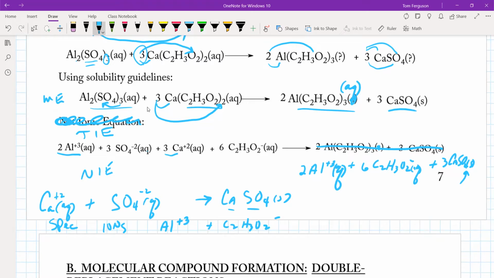So the spectator ions were the aluminum and acetate.